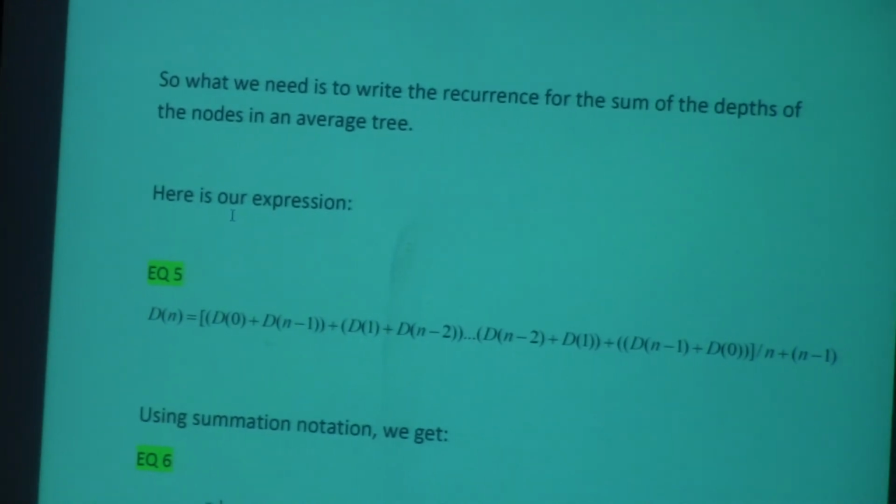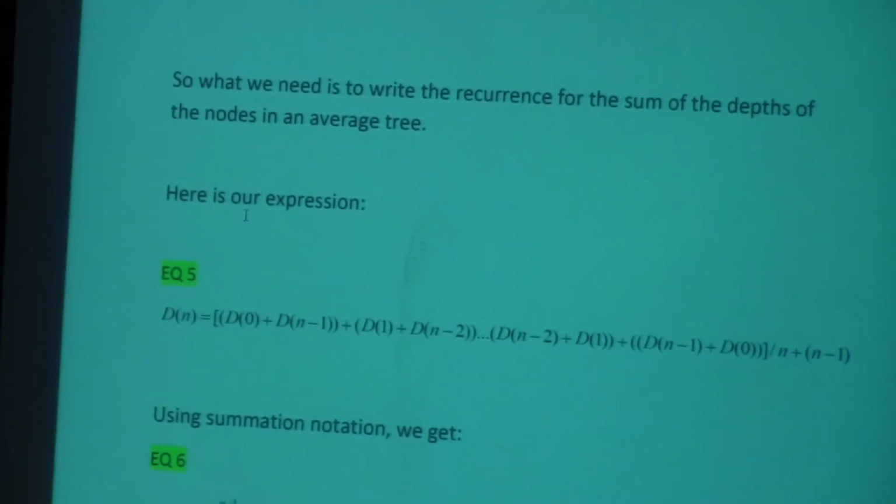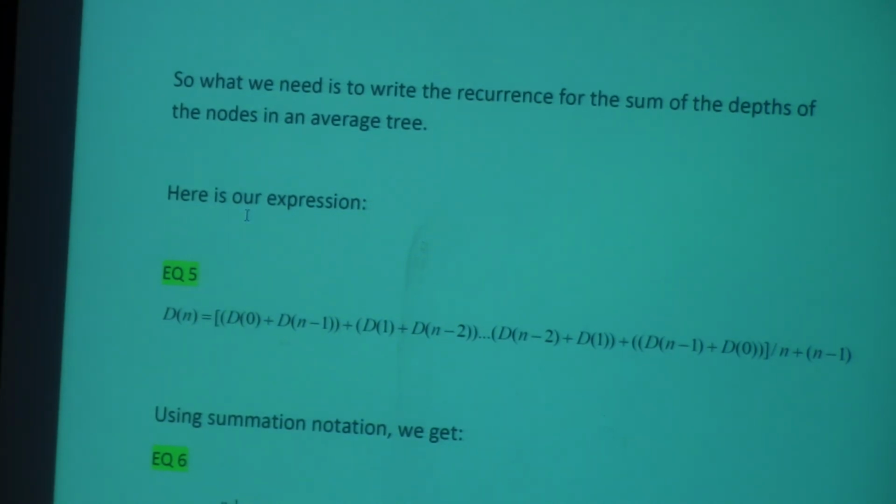So now we're interested in what happens with a random sequence of insertions. What we're going to do is something very similar to what we did before. So our expression is the sum of the depths of the nodes of an arbitrarily generated binary search tree with n nodes.